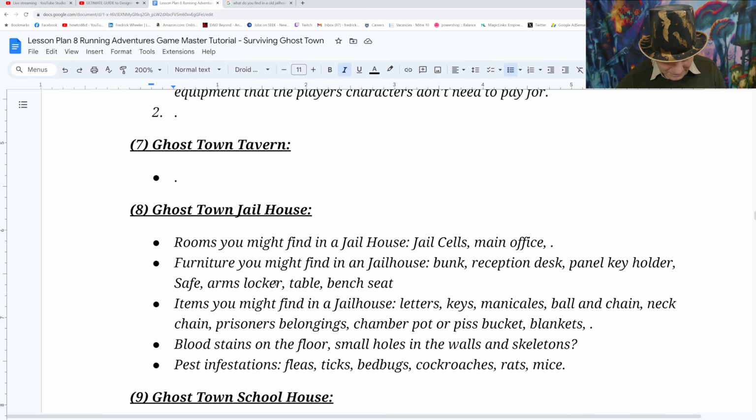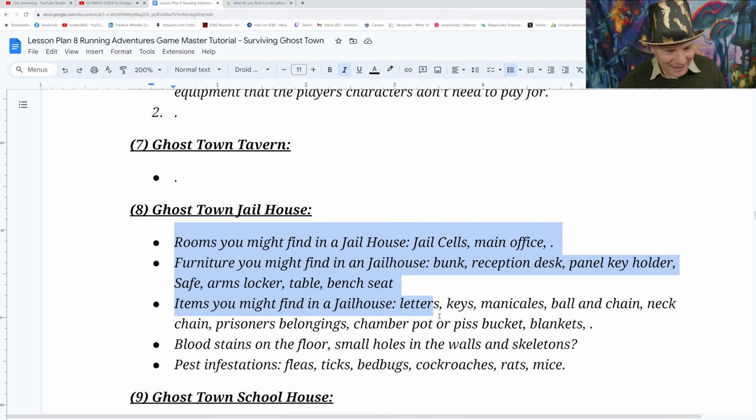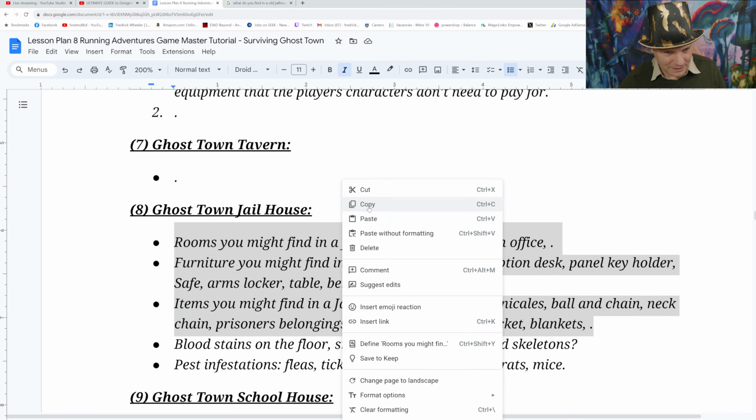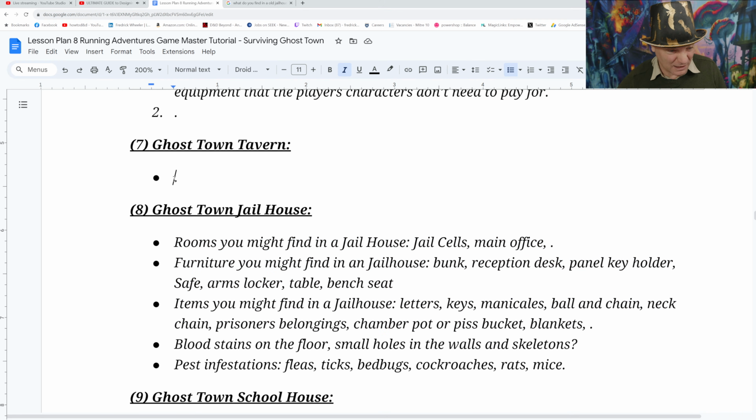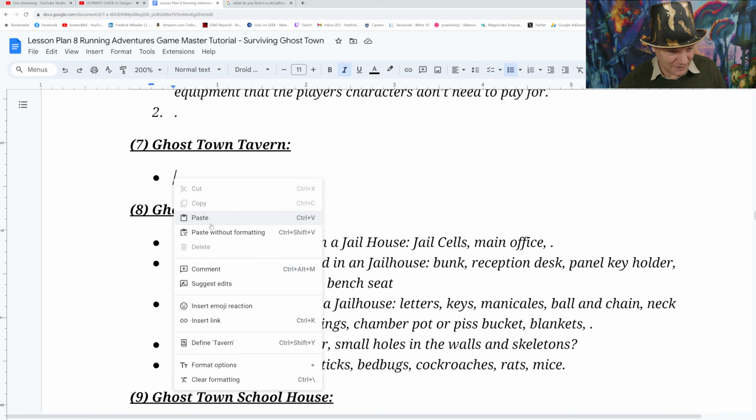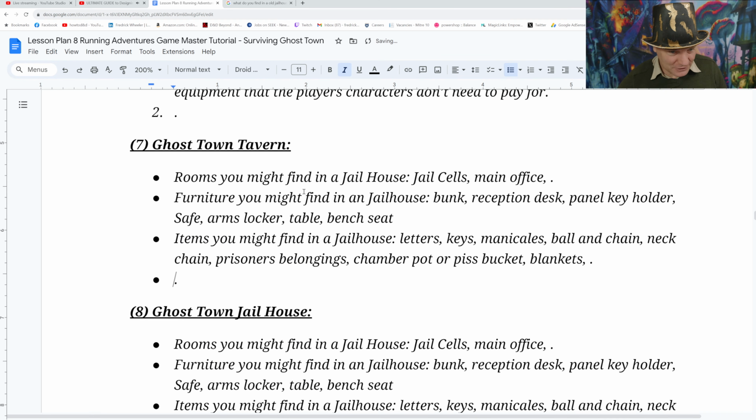I think it's time to do the tavern. I think we've determined that the internet really isn't helping us that much in terms of figuring out what these things should have in them, right? So it seems clear to me that it's up to us to figure out these things. So you might find in a, no, we're going to get rid of this.